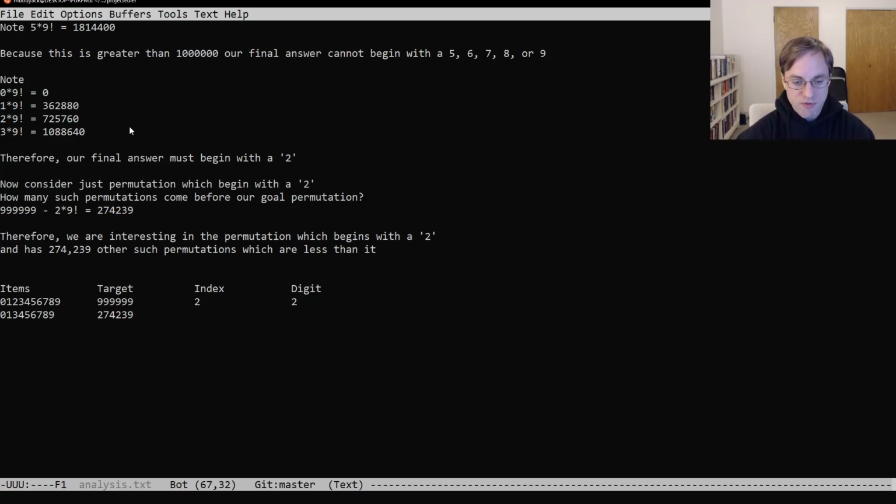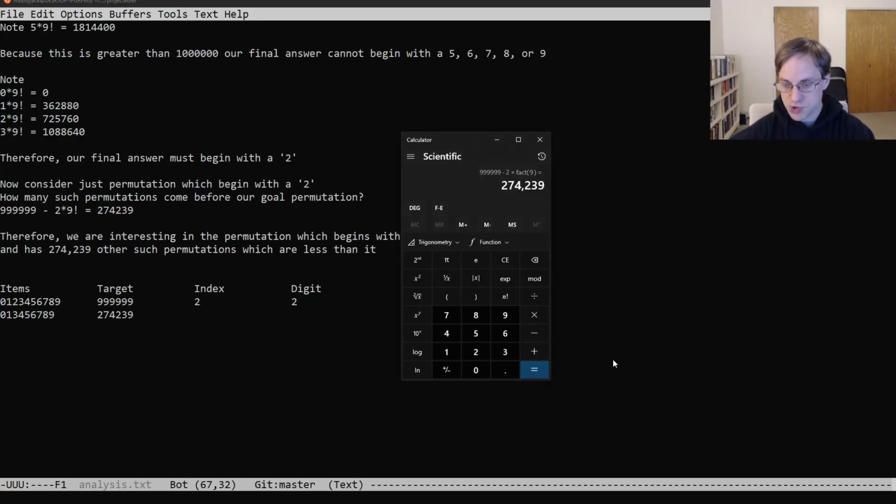And so before we were subtracting off multiples of 9 factorial. We had 9 elements in our set, and so now we need to subtract multiples of 8 factorial. And so say minus 8 factorial.